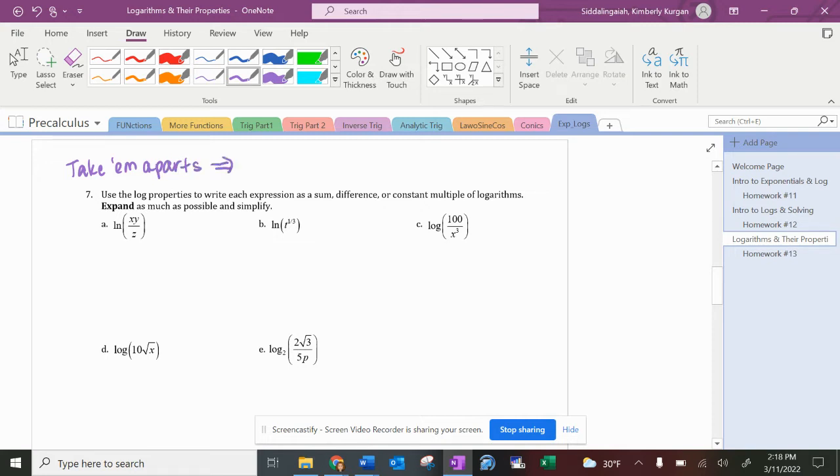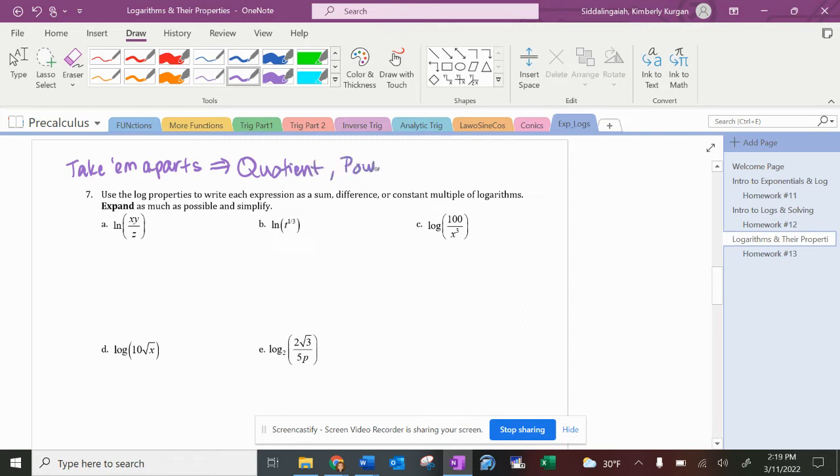And that's because we want to take apart as much of the logs as possible. We want to write them in as many different logs as we can. And here's the order in which we usually approach the properties. So the first property I try to use is the quotient property.